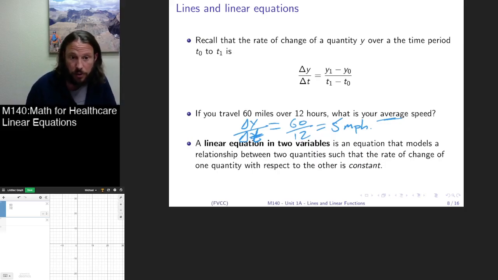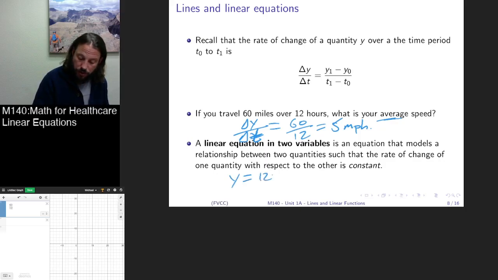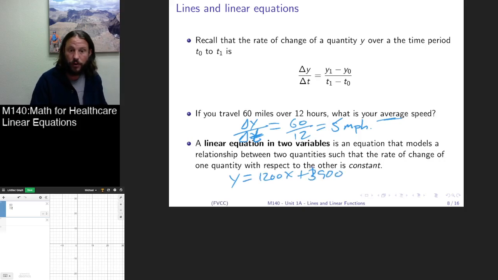Now, a linear equation in two variables is an equation that models the relationship between two quantities such that the rate of change of one quantity with respect to the other is constant. And going back to our example, y equals 1,200x plus 3,900 from our elevation gain, our backcountry skier, notice it's always 1,200. You're always going 1,200 per one.